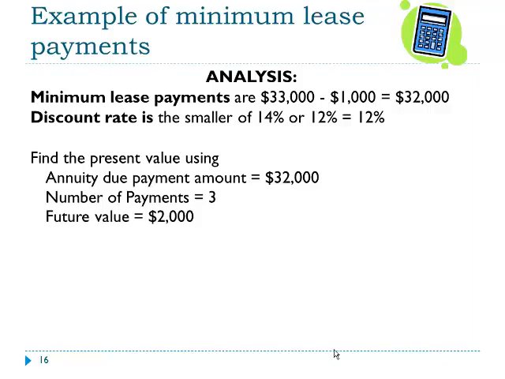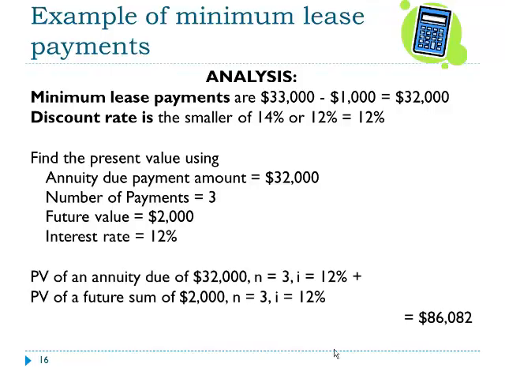There's a future value of $2,000 because we have a bargain purchase involved and an interest rate of 12%. We'll sum together the present value of an annuity due of $32,000 for 3 periods at 12%, plus the present value of a future sum of $2,000 for 3 periods at 12%.